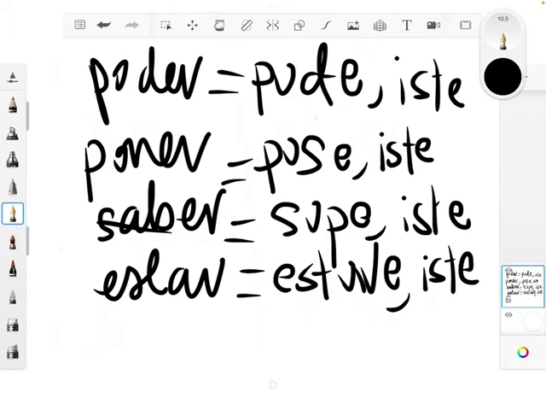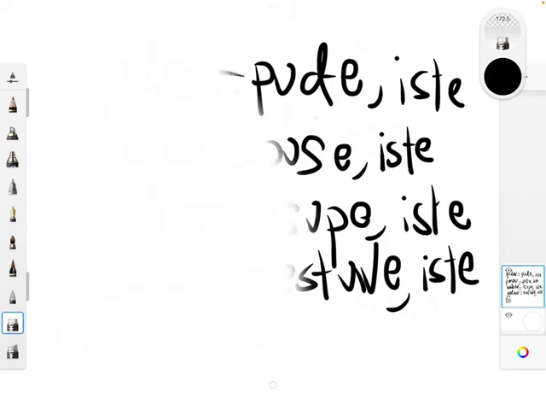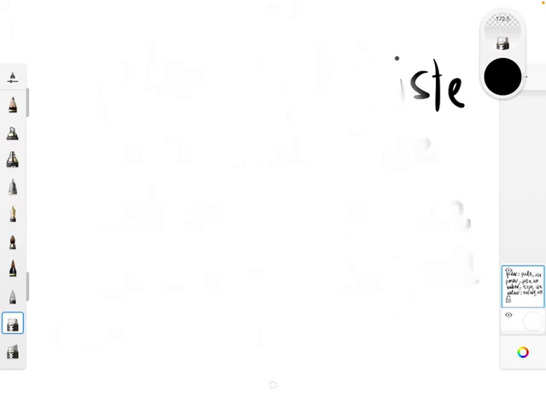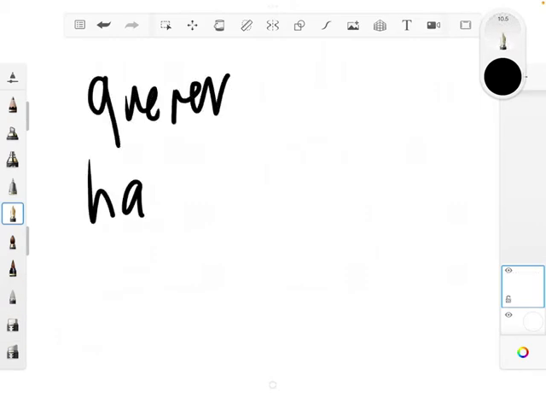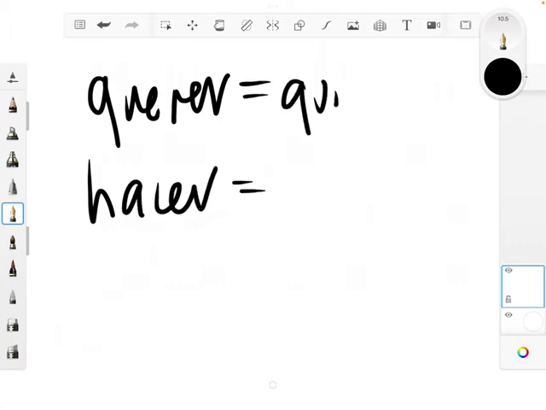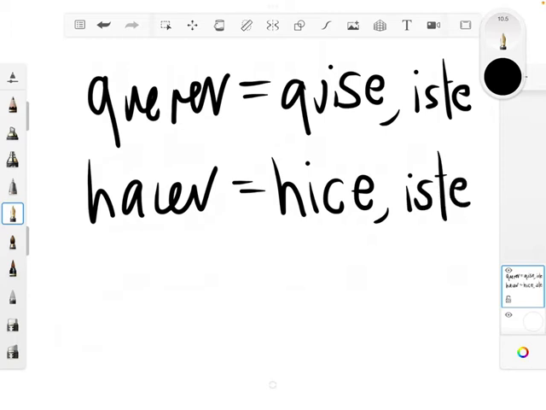Okay. We have verbs like hacer and querer. Start with querer. Querer is going to change to quis. So we'll have quise, quisiste, etc. Hacer, H-I-C. So hice, hiciste, etc. Okay?